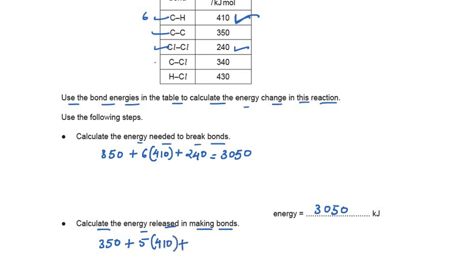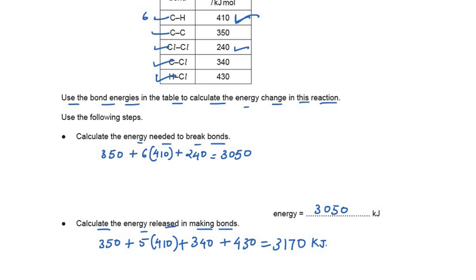One more bond is added here, the C-Cl bond, which is 340. So let's add this 340, and then there was hydrogen chloride as one more product. For hydrogen chloride we'll be adding 430. Summing all this up we get 3170 kilojoules. Now this is the answer for the energy of the products.